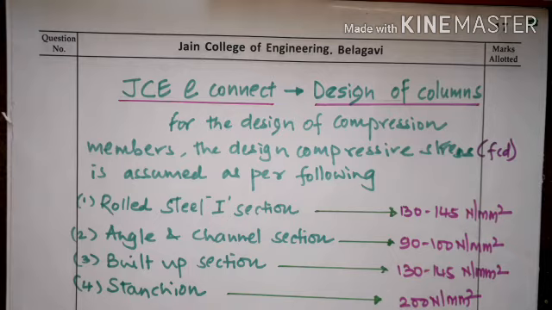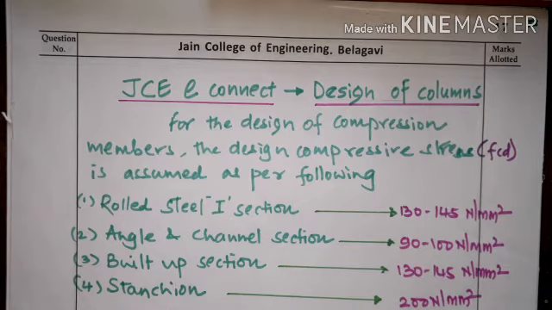Because for the given force, whatever member you design or assume, we don't know whether it will be safe for that given load or unsafe. If it is safe then no problem, but if it is unsafe, again we have to go for the next trial until it is safe to carry the load.